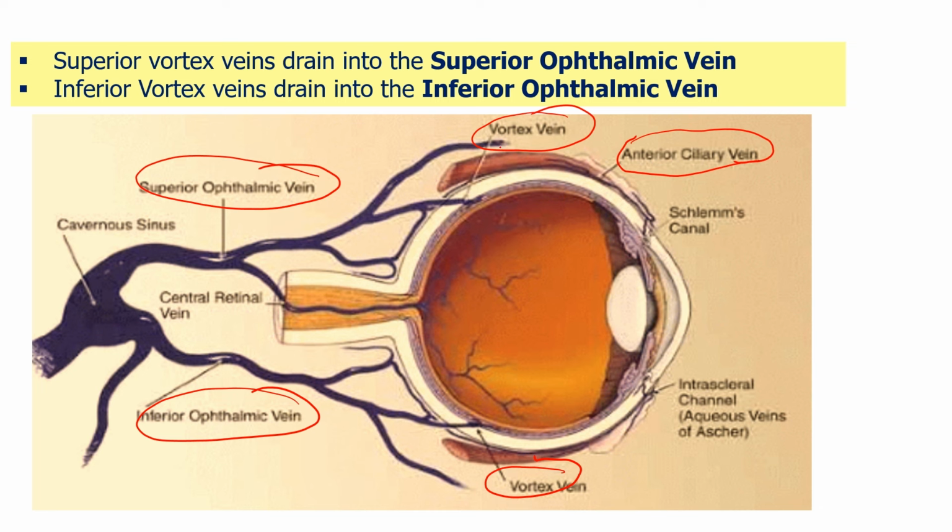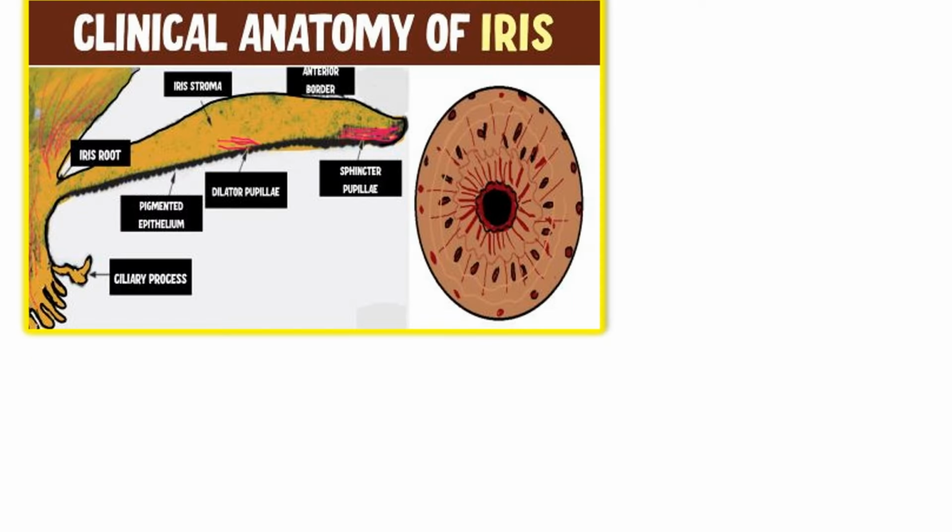Vortex veins are going to carry this deoxygenated blood, and they are going to drain into the superior ophthalmic and the inferior ophthalmic veins. That is, the superior vortex veins will drain into the superior, and the inferior vortex veins will drain into the inferior ophthalmic vein. And ultimately, along with the central retinal vein, they are going to drain into the cavernous sinus.